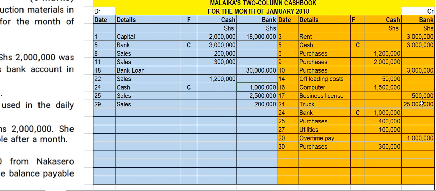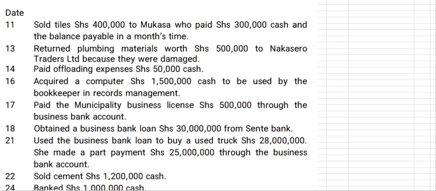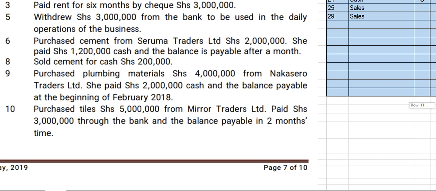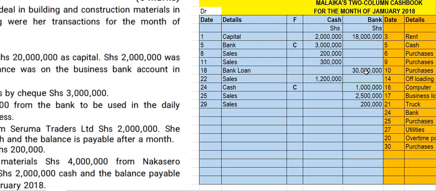Then obtained a bank loan, shillings 30 million from the Central Bank. Money was received from the loan, that is on 18th. Bank loan, 30 million, bank column.